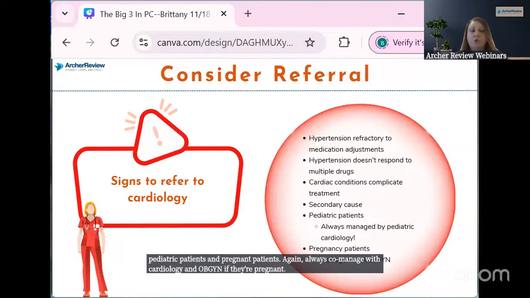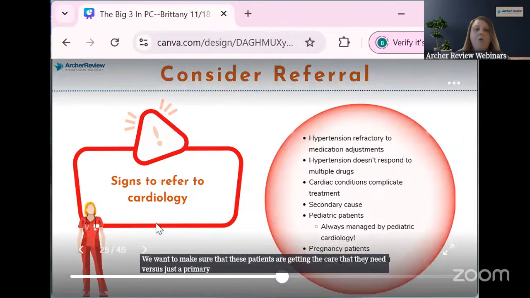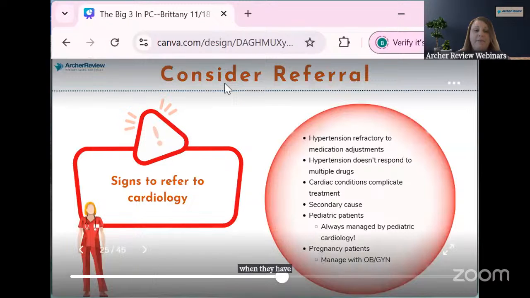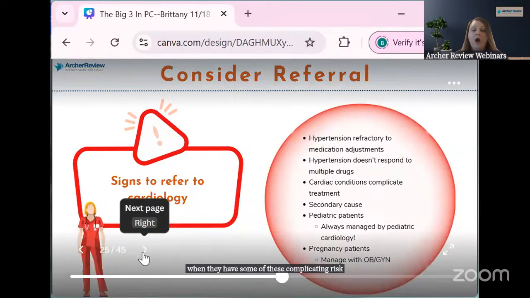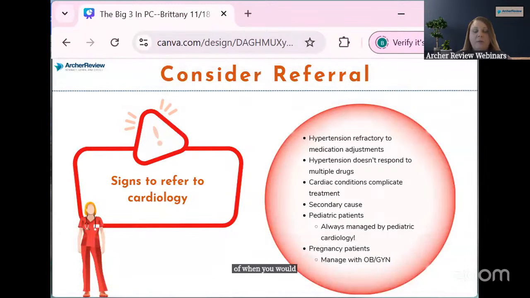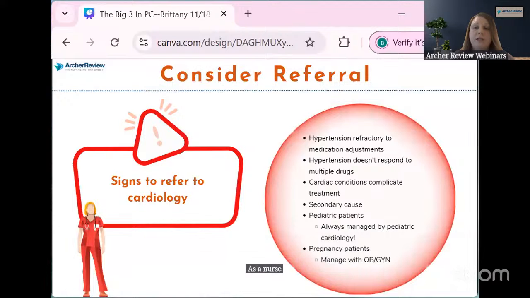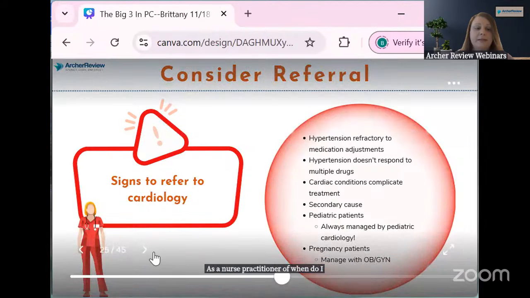We want to make sure that these patients are getting the care that they need versus just a primary care NP when they have some of these complicating risk factors. So just be aware of that. I'm sure that you all can think of some more things too, so pop them in the chat of when you would consider a cardiology referral. But again, don't be afraid to make referrals. It's important to provide safe care as a nurse practitioner of when do I end and specialty begins.